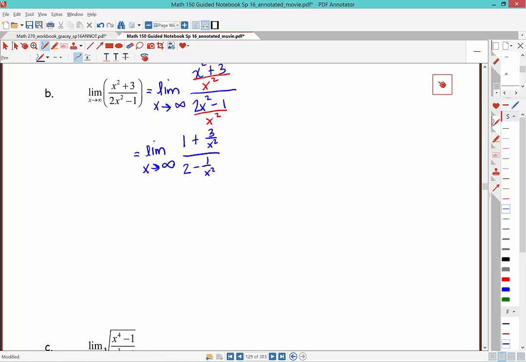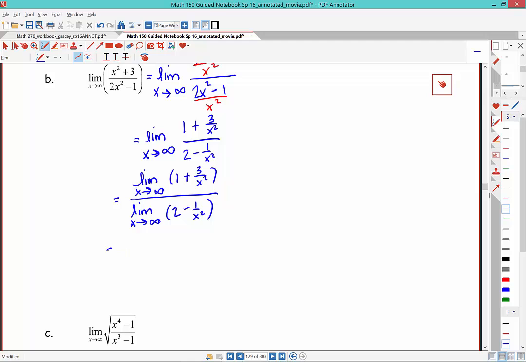Now, if you were to split this up a bit, and some of you may see immediately what you would get, this would end up being equal to the limit as x approaches infinity of 1 plus 3 over x squared divided by the limit as x approaches infinity of 2 minus 1 over x squared. Okay, so I just used that property that the limit of a quotient is the quotient of the limits.